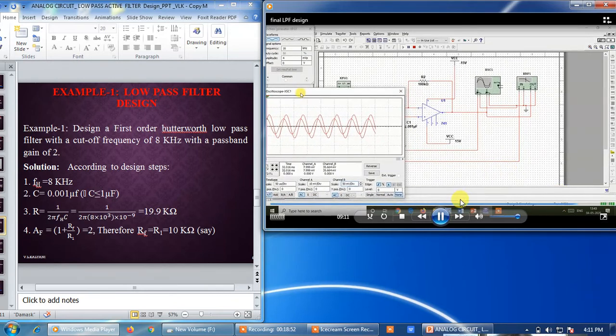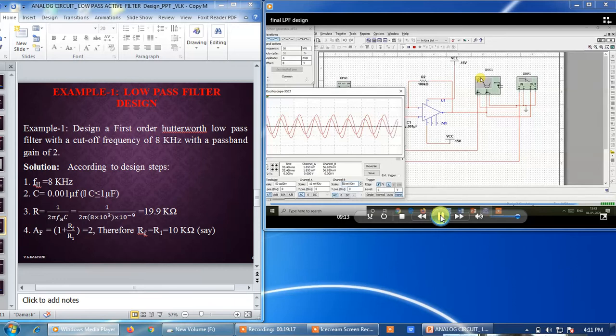So here, as you can see at the CRO, this is channel A and channel B. So here the output will be obtained at channel B, and channel A is used for input.